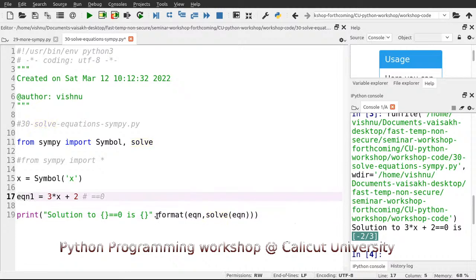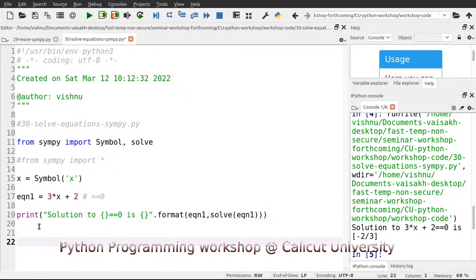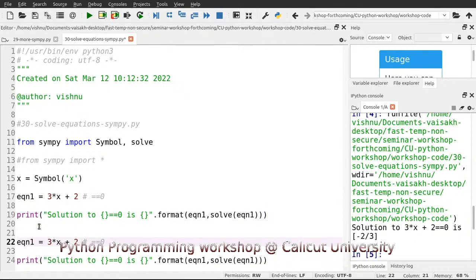Let us put this to be equation 1, so that we can try to solve something more. Equation 2, can we try some complex thing? 3x plus 1j.